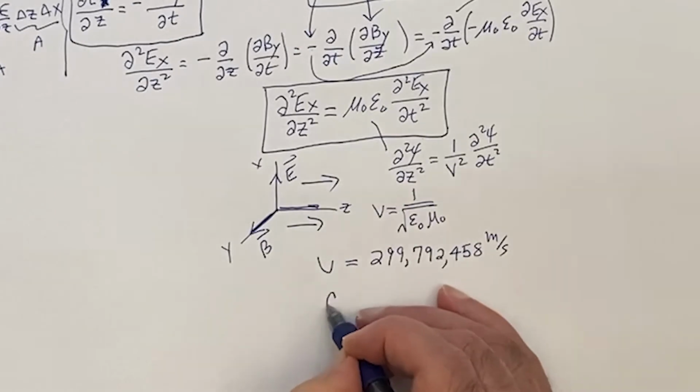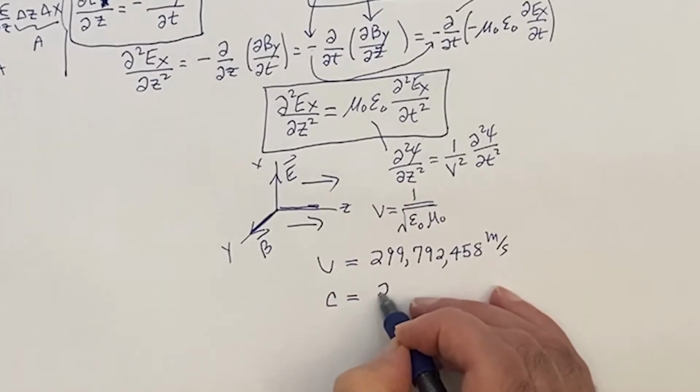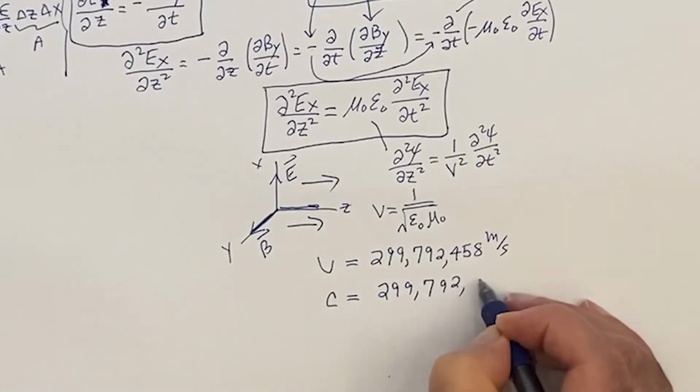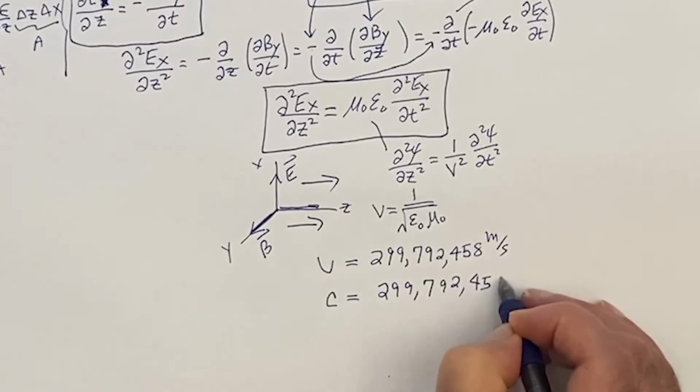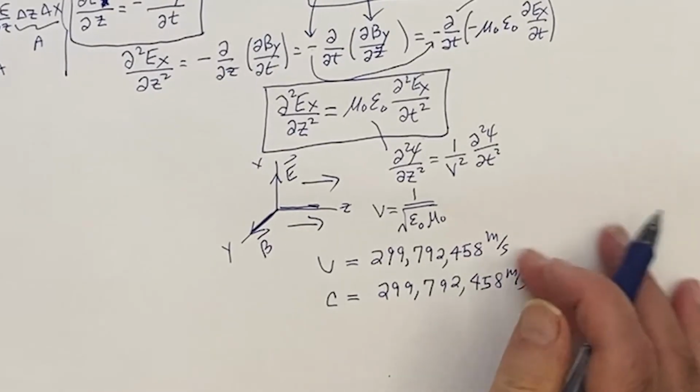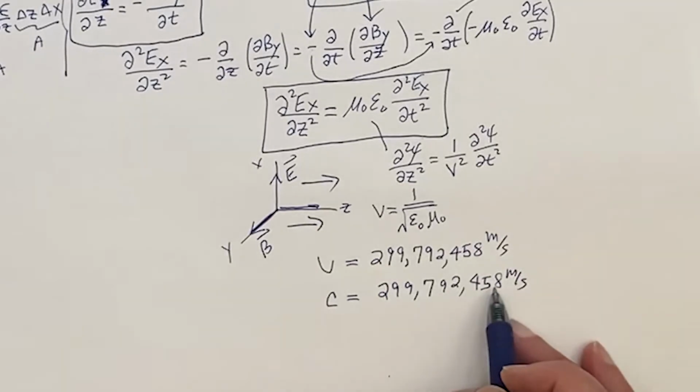And if you look at the speed of light, this is insane. It's the same thing. Light is an electromagnetic wave. A coincidence? Nine significant figures? No, I don't think so.